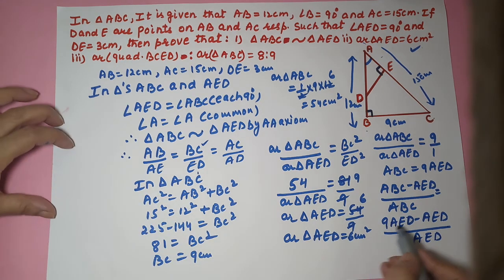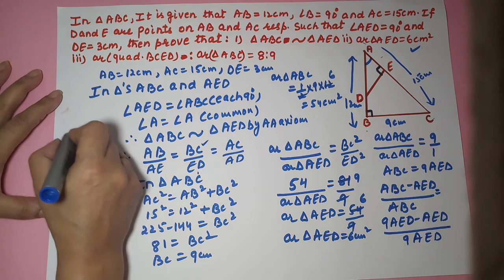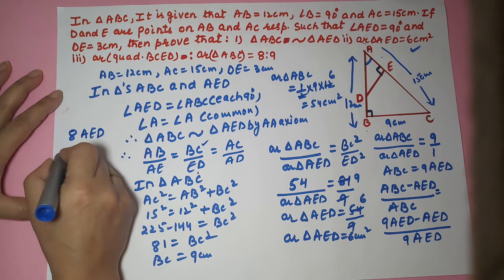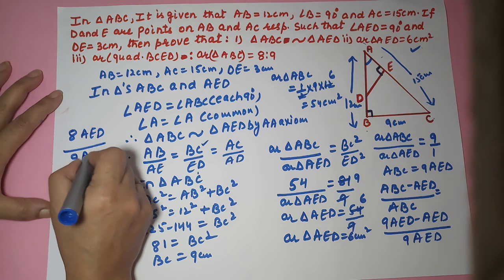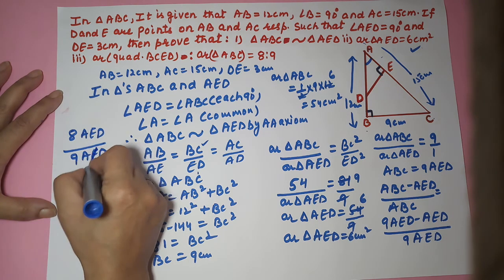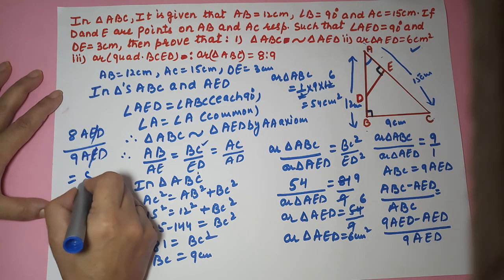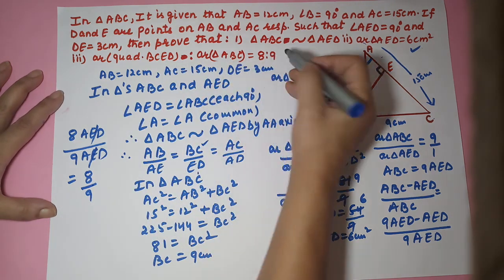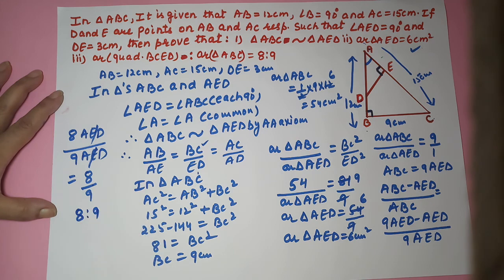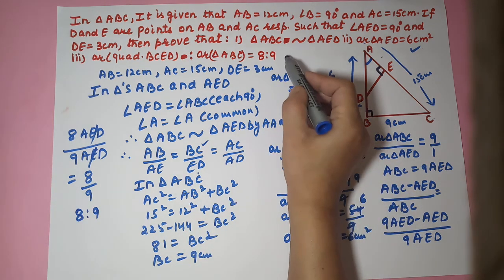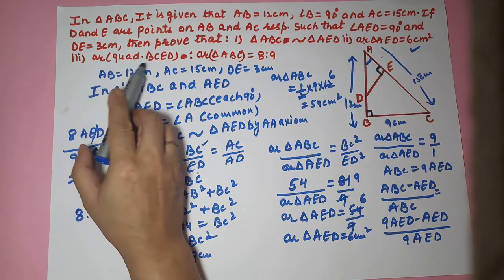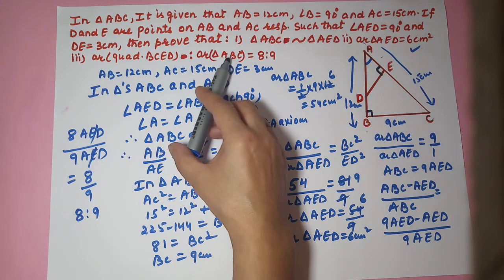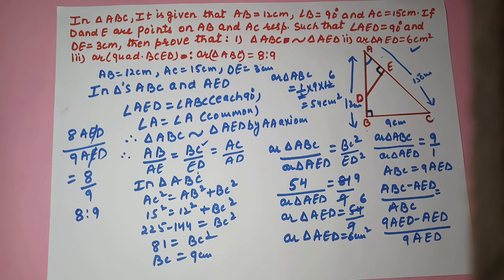Now 9 AED minus 1 AED becomes 8 area of triangle AED upon 9 area of triangle AED. This and this will go, so I am getting 8 upon 9. But he has asked you to write this in form of this, so this is 8:9. So you have proved that the ratio of the area of the quadrilateral BCED to the triangle ABC is 8:9.